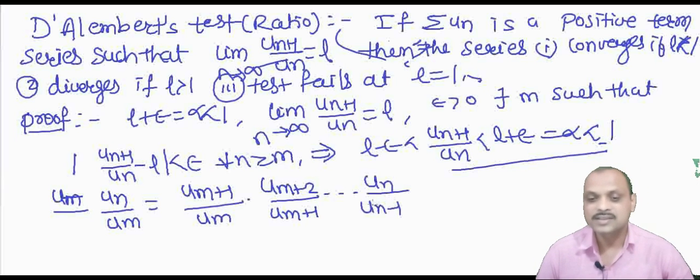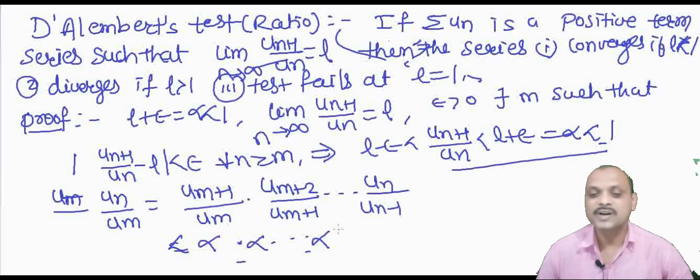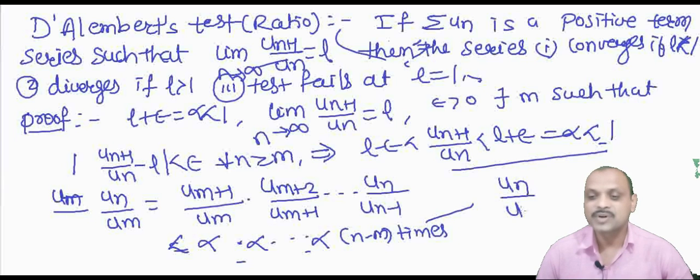Here this term u_(m+1) divided by u_m is less than alpha. This is also less than alpha, every term is less than alpha. But how many alphas? N minus m times alpha. So we get that u_n divided by u_m is less than alpha raised to n minus m.